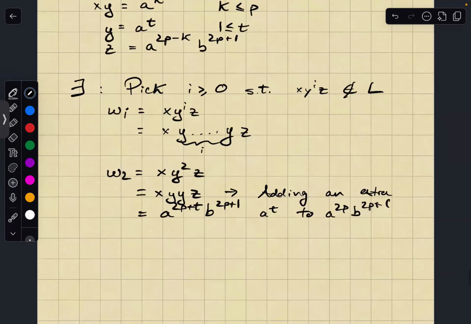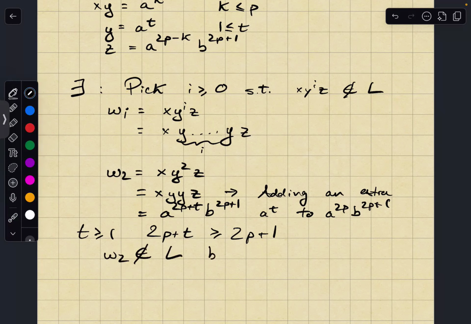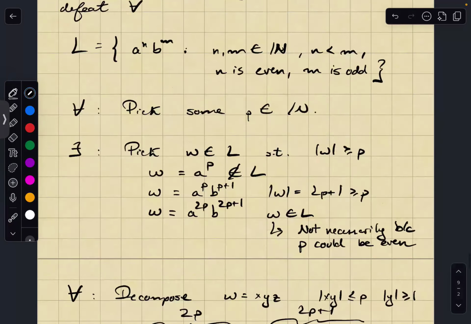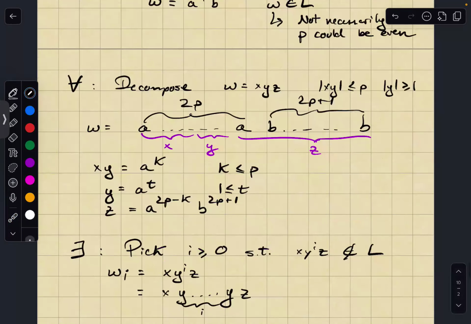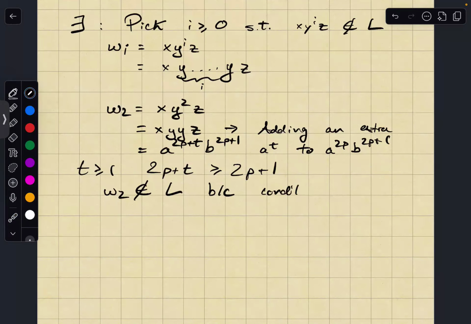Okay, so now I think I'm actually quite happy with this move. Why am I quite happy with this move? Because I know that t is greater or equal to 1. So then p plus t is greater or equal to p plus 1. And so then it's clear that w_2 is not in L, because the condition for L was a^n b^m, n strictly less than m, right?